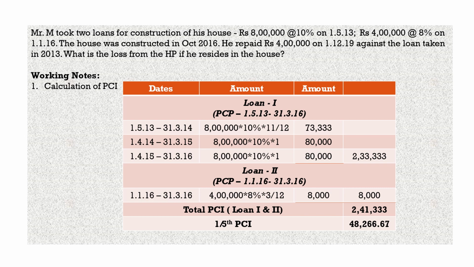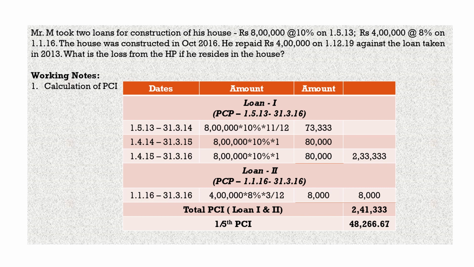The house was constructed in October 2016. He repaid rupees 4 lakhs on 1/12/19 against the loan taken in 2013. Now we need to find out what is the loss that Mr. M has incurred because of residing in his own house. That is, this house is a self-occupied house.